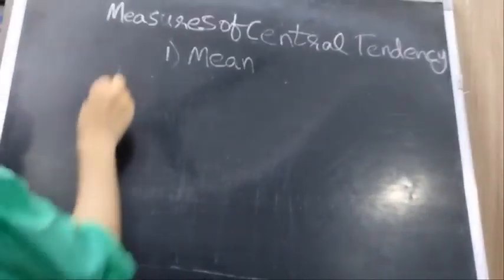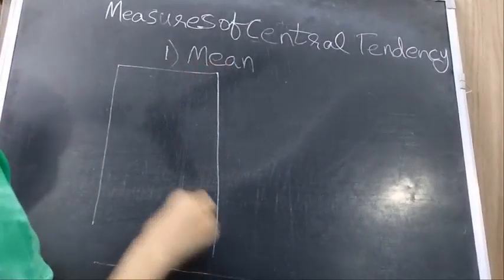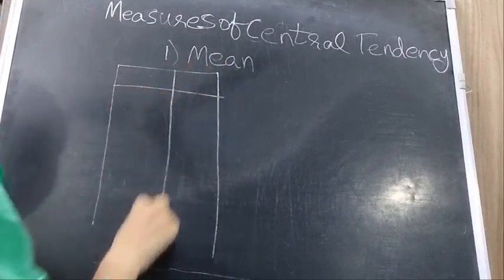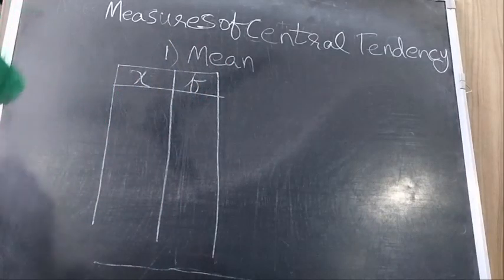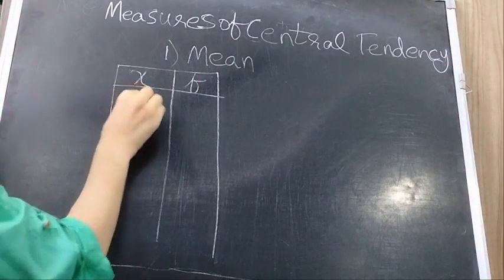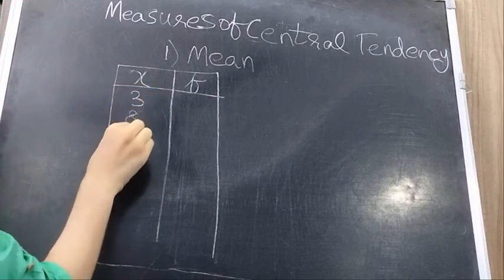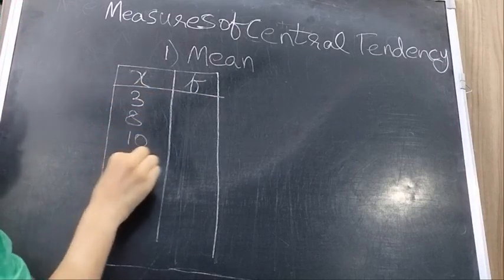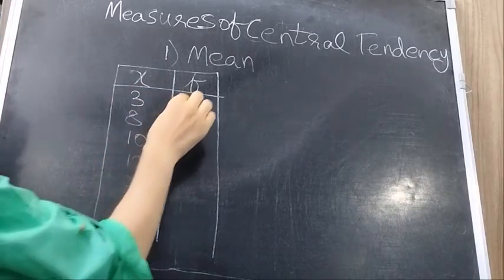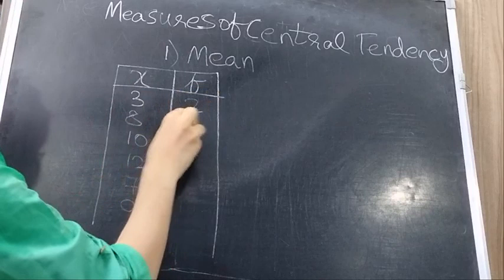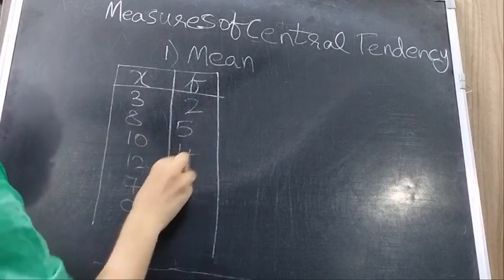In the discrete series, he will give two columns, that is x and f. Here x means the items and f means the frequency. He will give like 3, 8, 10, 12, 7, 9, and frequencies 2, 5, 4, 6, 9, 8.